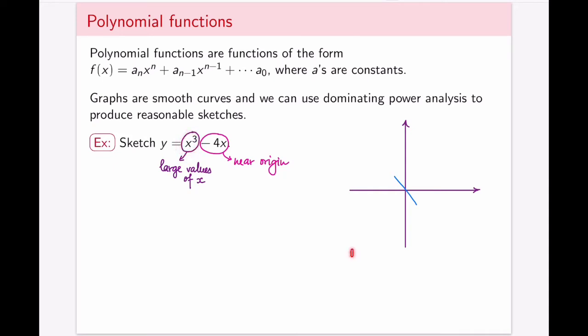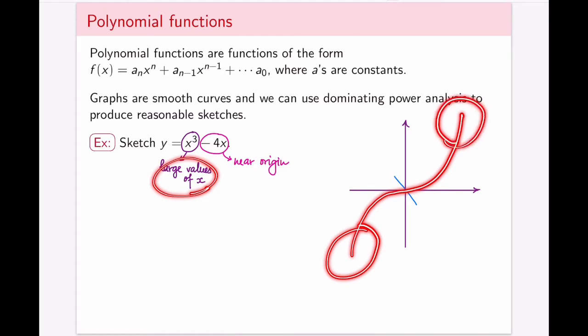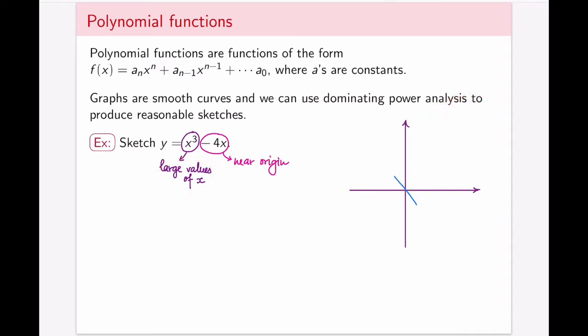So overall, x cubed looks like this snaky shape, right? However, I'm only interested in this snaky shape for large values of x. So I'm only interested in the pieces that are at the ends of it, not near the origin, at the large positive and large negative values. So these are going to be pieces that remain from my x cubed portion of the analysis.